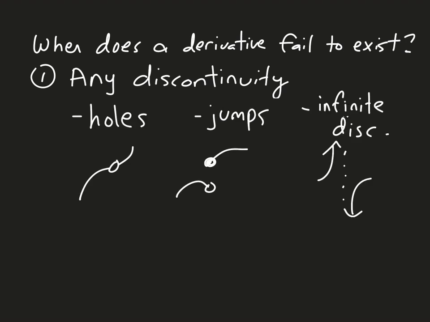So if any of these occur on your graph, your function is not differentiable at those places. It's also not continuous. We already knew that it wasn't continuous. That's not new information, but now we're adding this new layer to it. We're saying that if you have a discontinuity, your graph is also not differentiable, which means you can't find the slope at that specific x value.